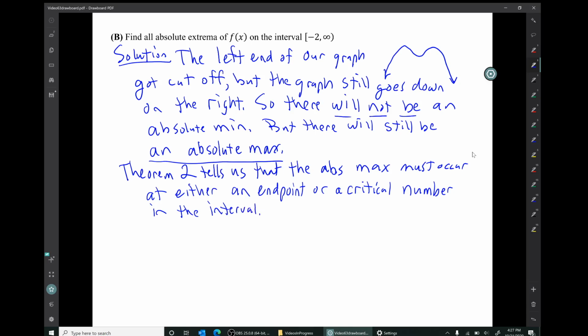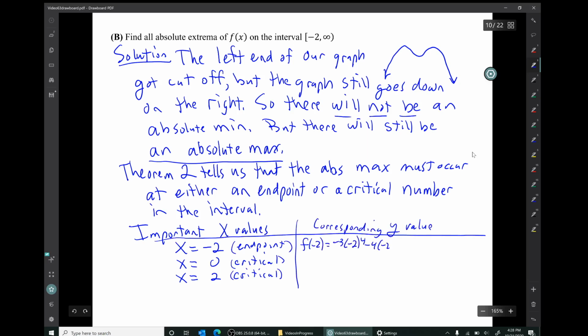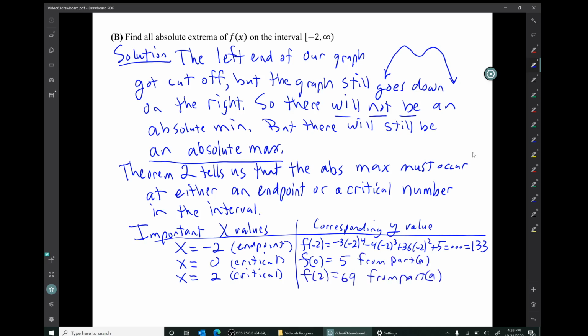So Theorem 2 tells us that the absolute max must occur at either an endpoint or a critical number in the interval. So let's make that list of important x values. So there's our list of important x values and the corresponding y values.